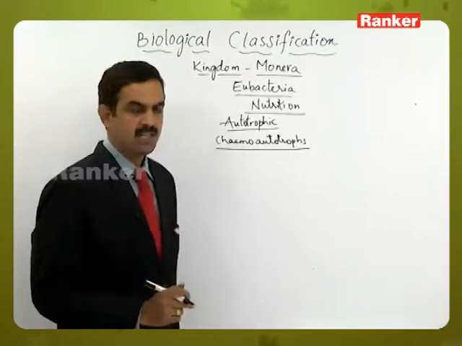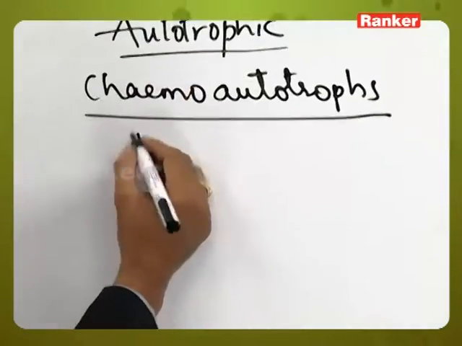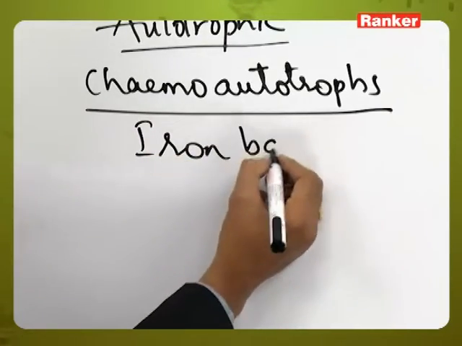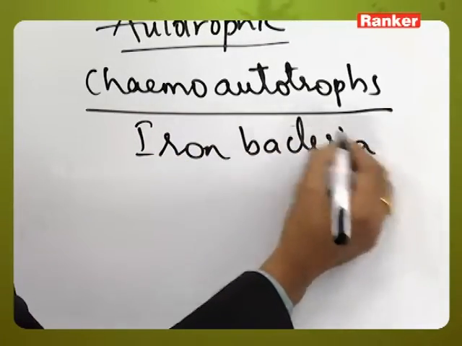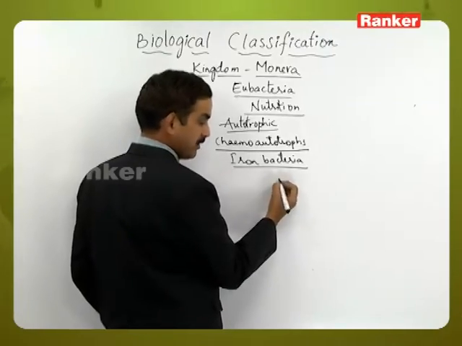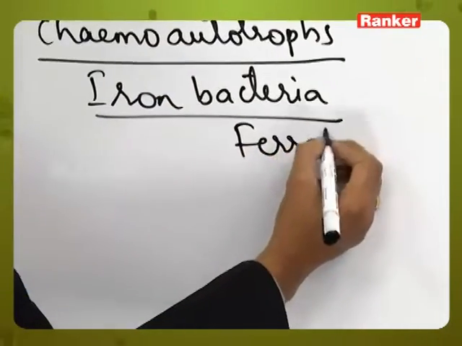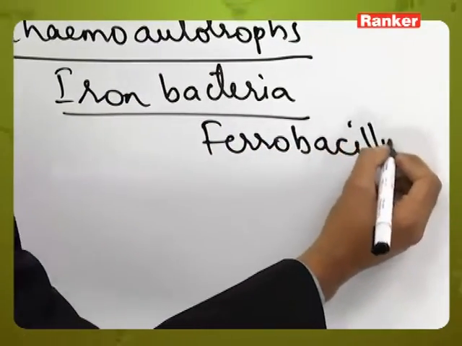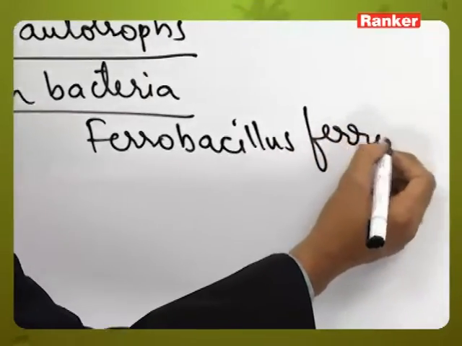The other type of chemoautotrophs are iron bacteria. Here the example is Ferrobacillus ferrooxidans.